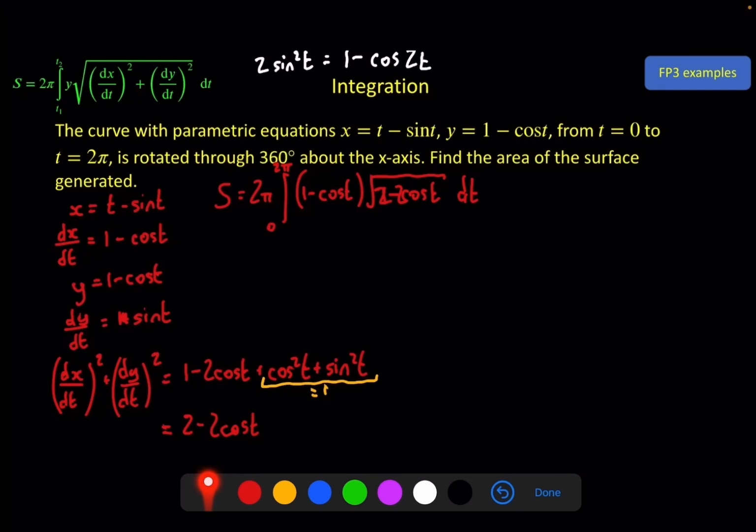Okay, but you might ask, how does that help us? Because we don't have a cos 2t, we've got a cos t. But that's okay, because what we can do is we can change this identity slightly. I'm going to do 2 sine squared t by 2, and that will equal 1 minus cos of 2 times t by 2, which is t.